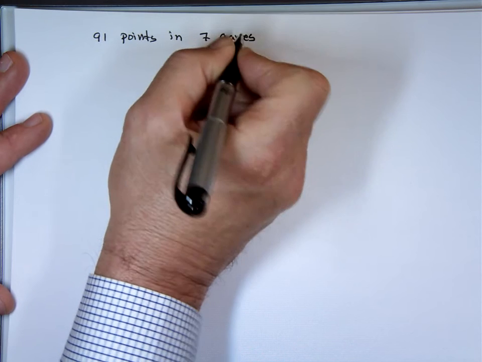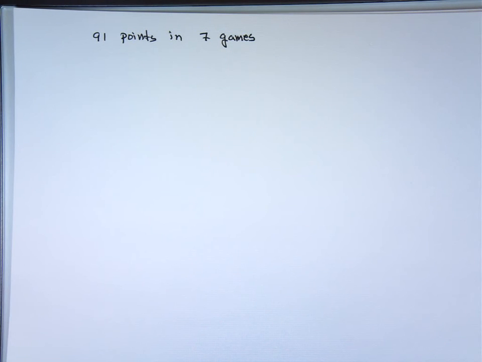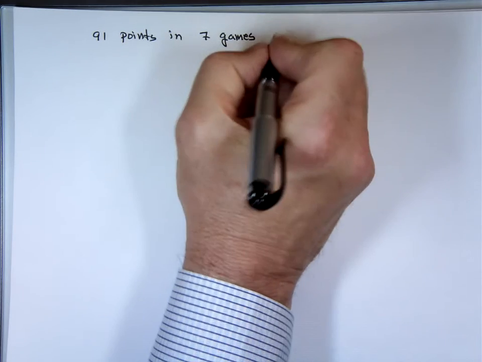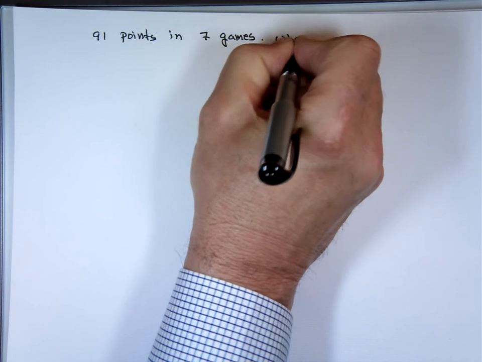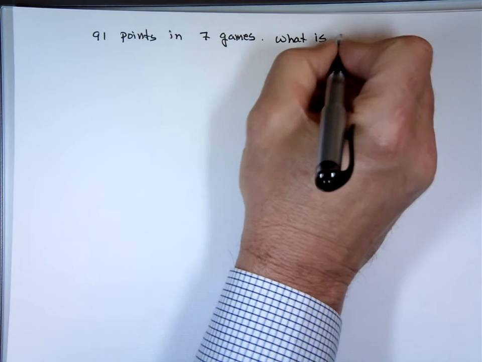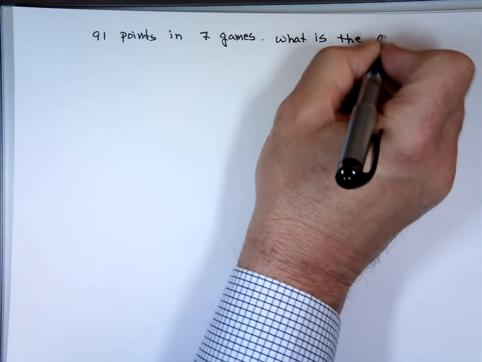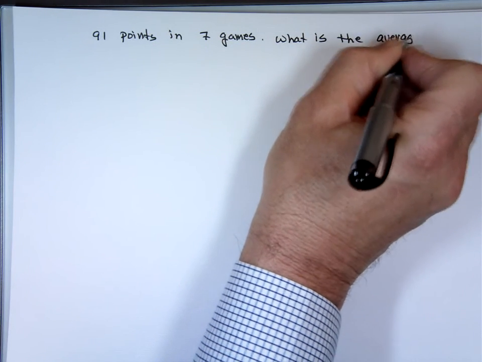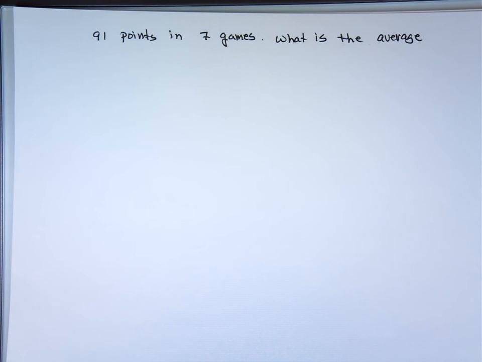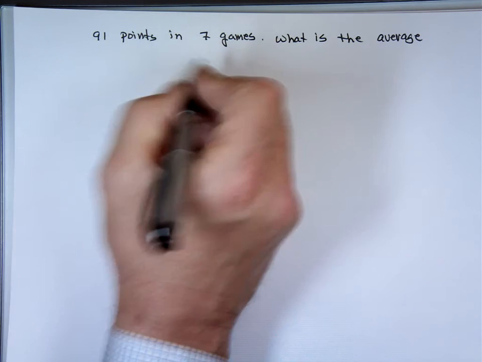That's not many, so it can't be a superstar. The question is, what is his average? Could be a lady, I'll just say the average. So how do we find the average? How many points per game? We divide them, yep, 91 by 7.